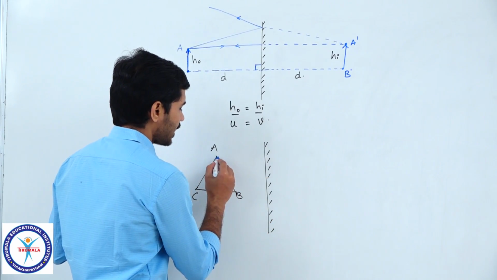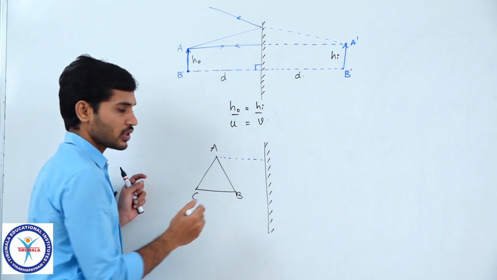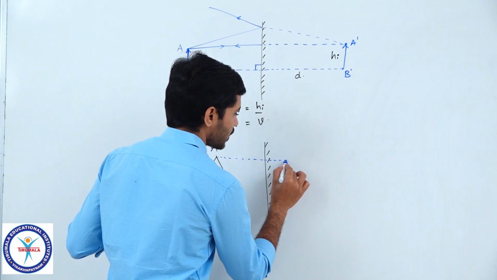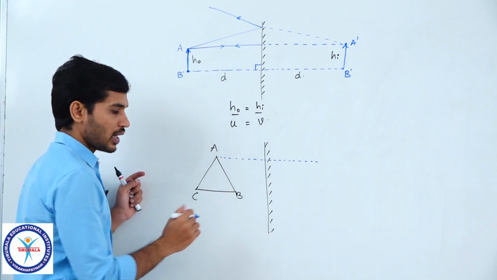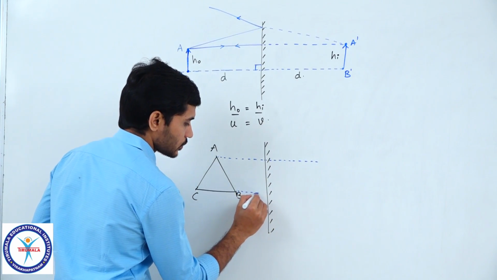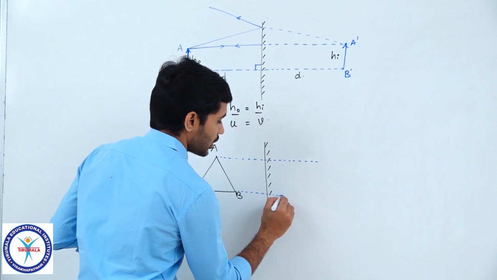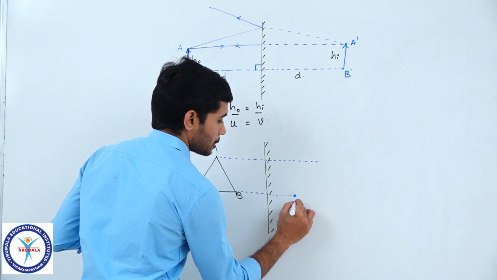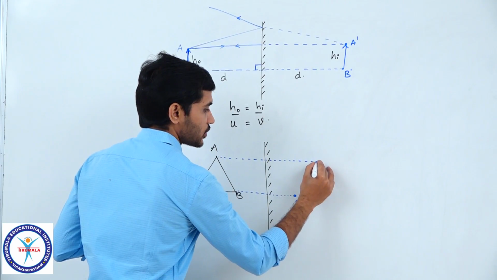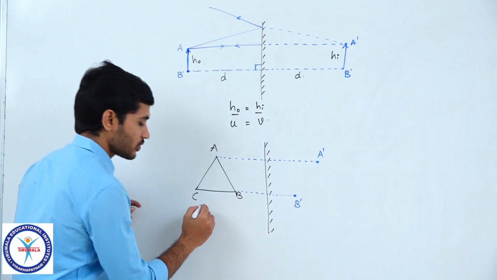So, in this case I will just directly look at how much perpendicular distance A is present from the mirror, and draw the same amount of distance behind. I should make sure that this length and this length are equal. I will do the same thing with B. I will find the distance of B and the same distance I will draw behind the mirror. So, this is where B dash is formed, this is where A dash is formed, and now similarly I will do it for C dash as well.